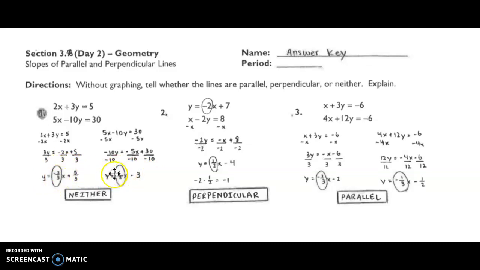If they're not the same, then clearly it's not parallel. These are opposites, one positive, one negative, but they're not reciprocals, so neither, okay? Number 2, okay, these slopes are perpendicular. And then for number 3, the slopes are the same, so they are parallel.